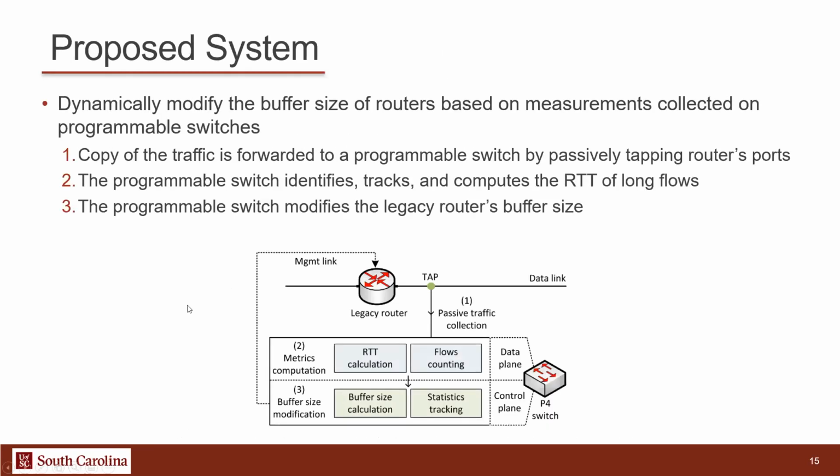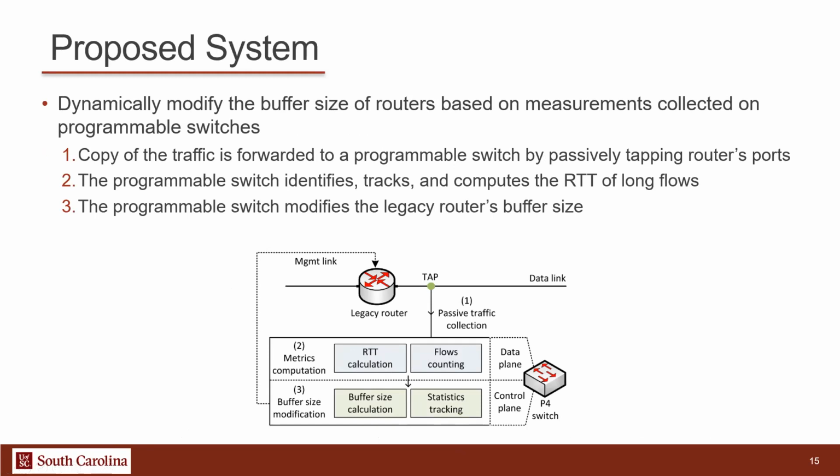And so what we developed here is a system that will leverage P4 switches to get the measurement from the legacy network and perform counting for the flows, for the large flows in the data plane, as well as computing the round trip time. So these two computations will happen at line rate.